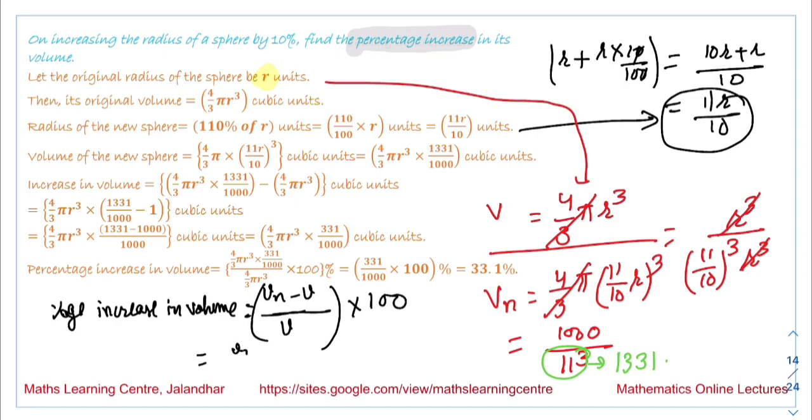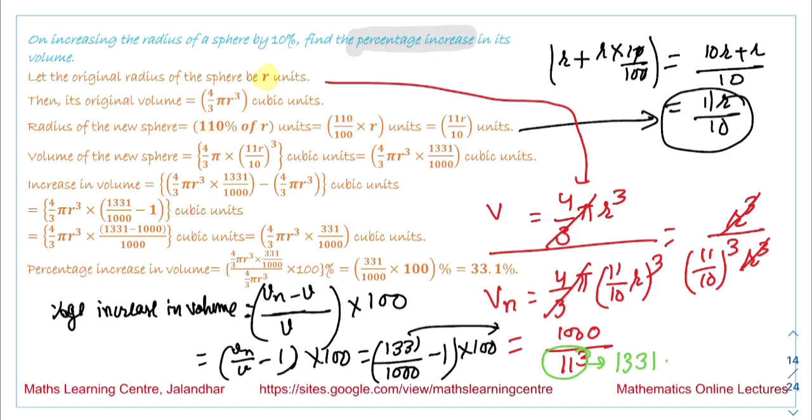So this is equal to Vn over V minus 1, into 100. What is the value of Vn over V? It is 1331 over 1000. Then minus 1 into 100.